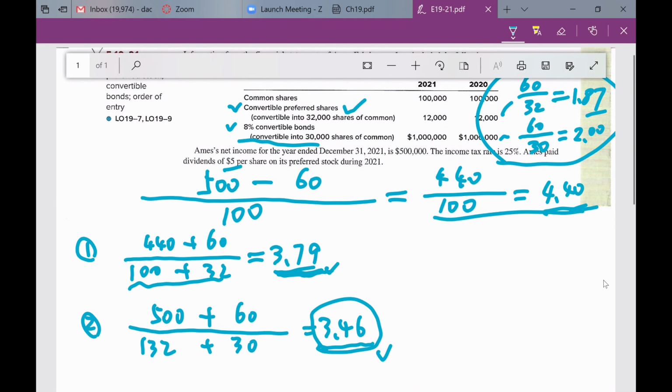You guys good? Professor, can you explain the number 2 again? Why do we use the 500 plus 60 divided by 132 plus 30? So you have two convertibles. We need to define which one is the lower number and then put it into the basic EPS and the first one, right?